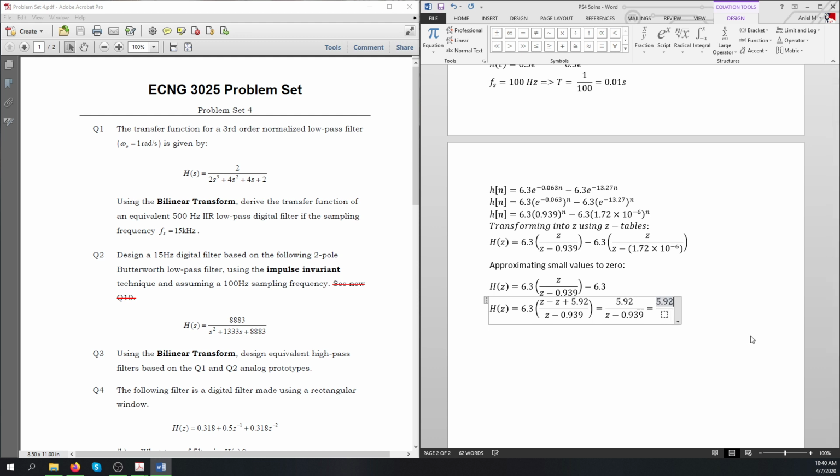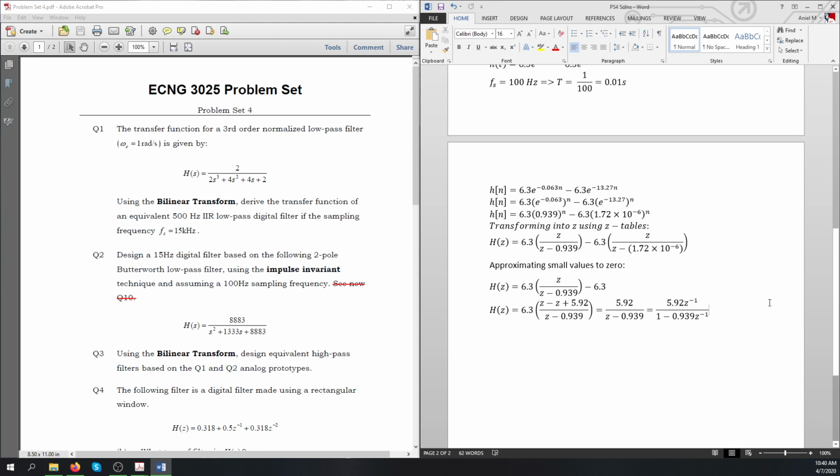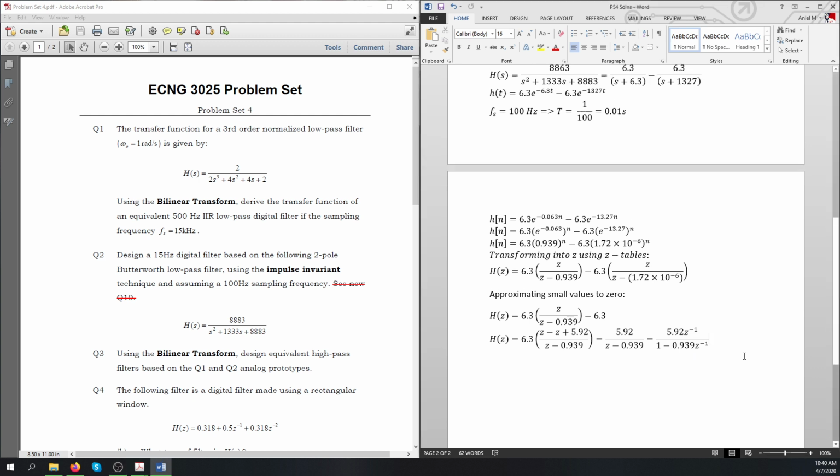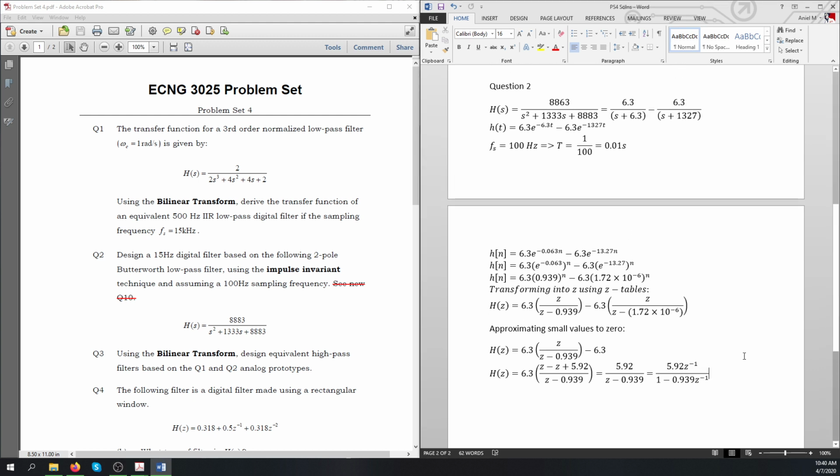So we'll go 5.92 z to the minus 1 divided by 1 minus 0.939 z to the minus 1. And that basically is the end of question 2.